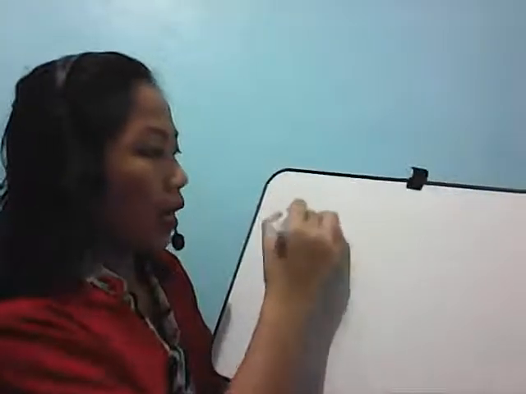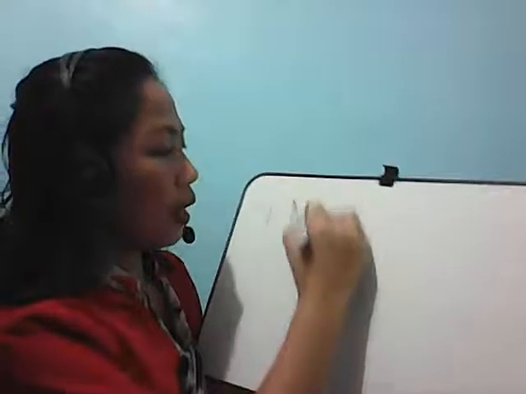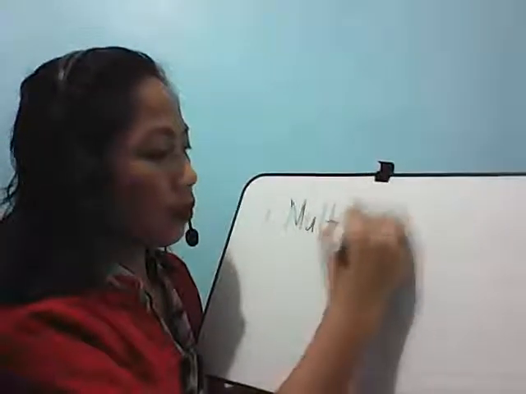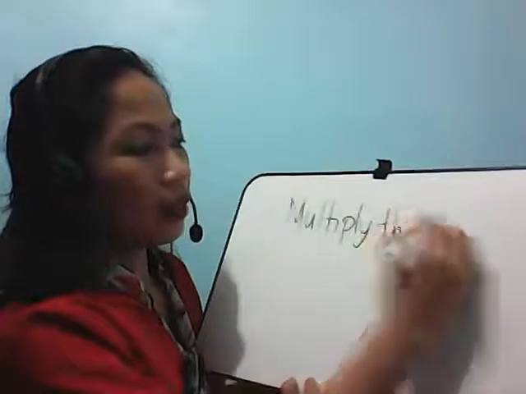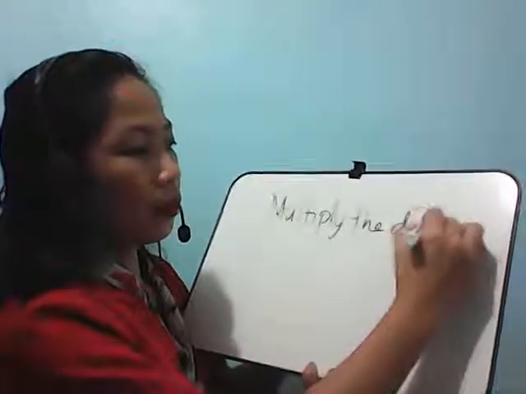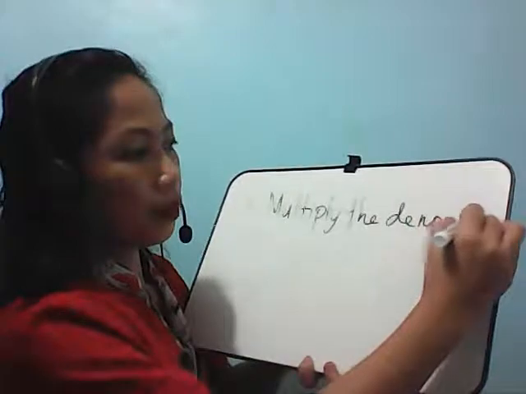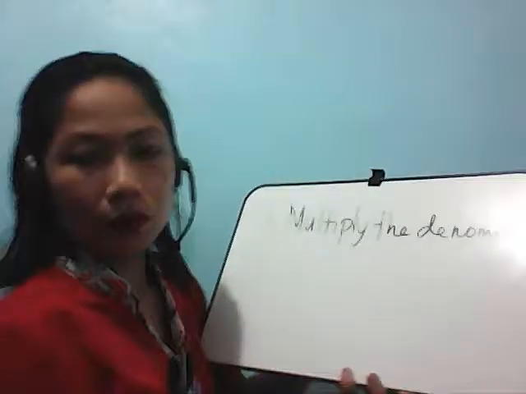Again, in adding and subtracting dissimilar fractions, the first step is to multiply the denominators.